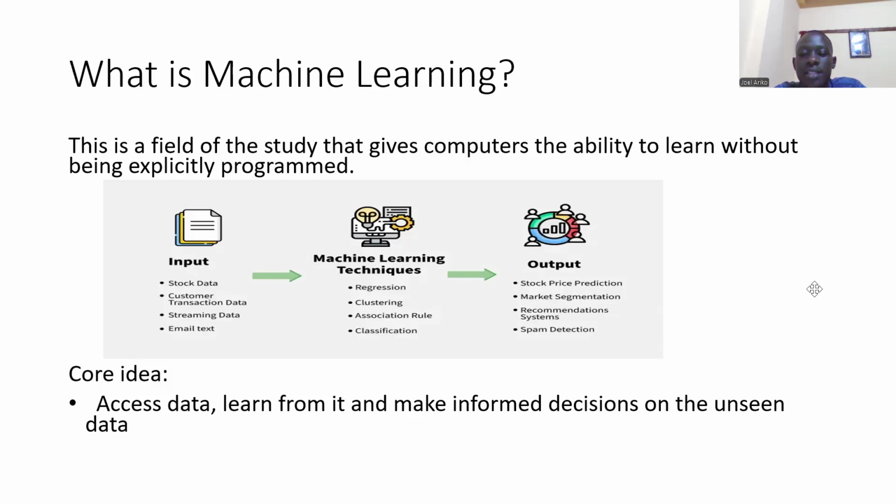What we expect is an output. Therefore, the core idea behind machine learning is we access this data, we learn from it, and make informed decisions on the unseen data. That is what machine learning deals in, where we create models that are able to predict the outcome of unseen data or to work best on unseen data.